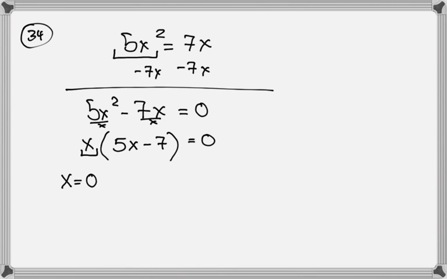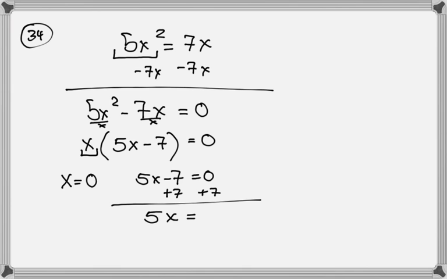Done. And then the second one is 5x minus 7 equals 0. Add 7. Let me show you all the way. Divide by 5. x equals 7/5.